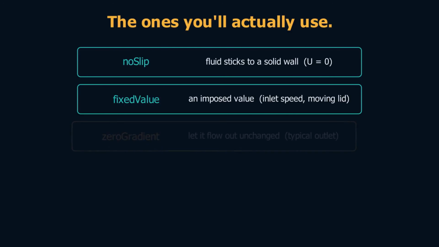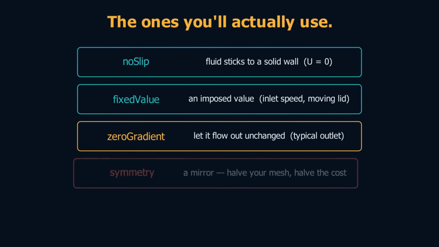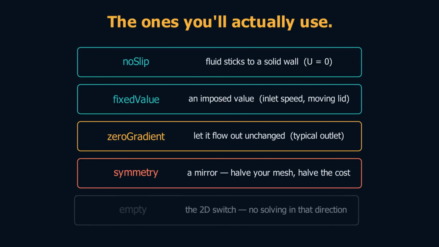ZeroGradient, the natural outlet. Let the flow leave without forcing a value on it. Symmetry: if your geometry mirrors, simulate only half. It halves your cell count for free. Empty, the two-dimensional switch. It tells OpenFOAM not to solve in that direction at all, that's how we do 2D.